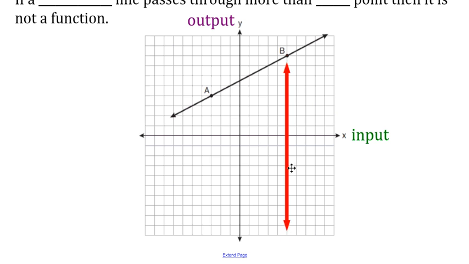For this input, here's its output. One specific output for every input. Therefore, it would be a function. And if you look, we're going vertically, right? And so no matter what input I'm checking, it only has one output. So as long as this vertical line is touching our graph in one place, it represents a function.